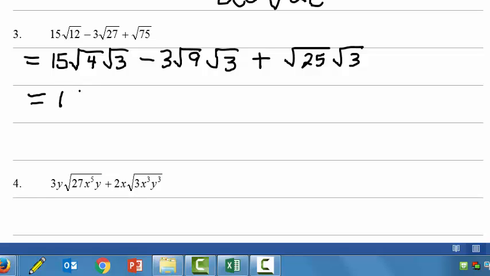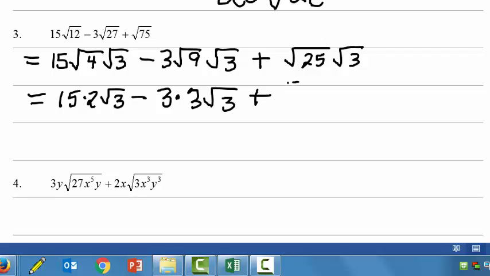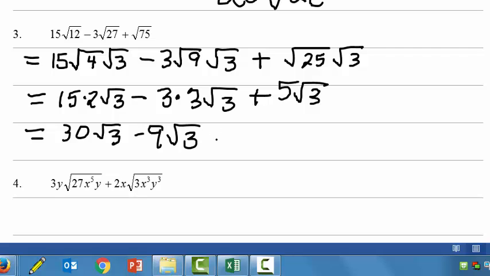15 times the square root of 4 is 15 times 2 times the square root of 3. Minus 3 times the square root of 9 times the square root of 3 is minus 3 times 3 times the square root of 3. Plus the square root of 25 is 5, 5 times the square root of 3. And this is 30 square root 3 minus 9 square root 3 plus 5 square root 3.